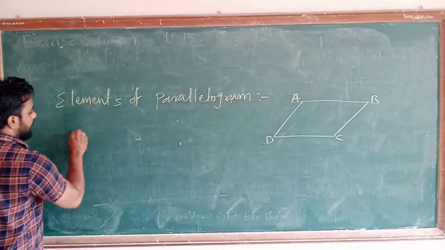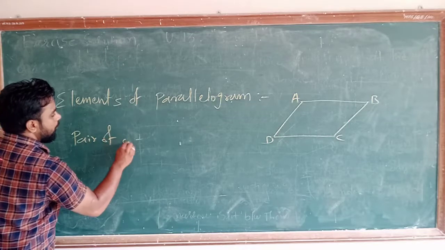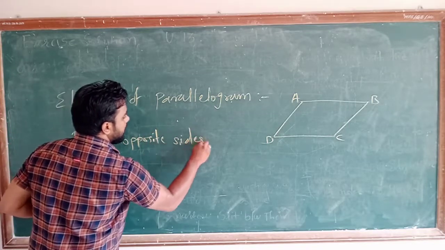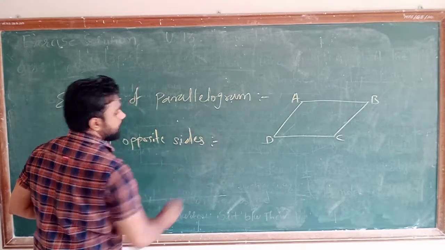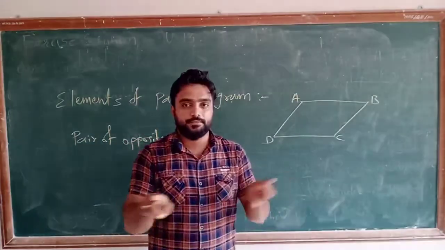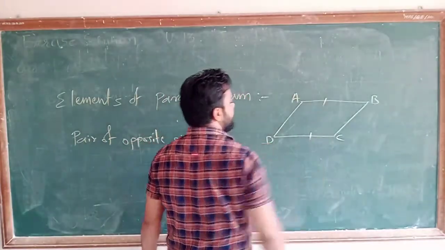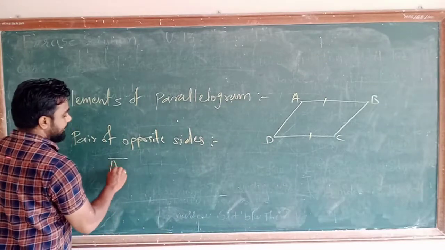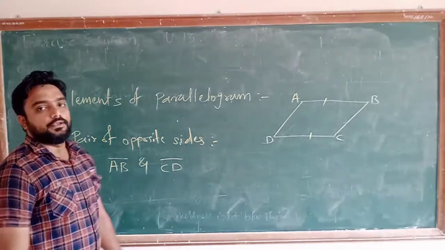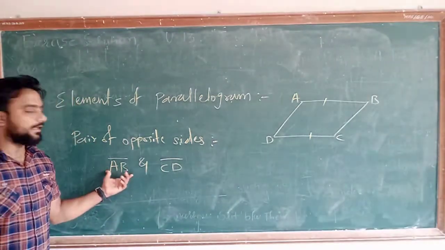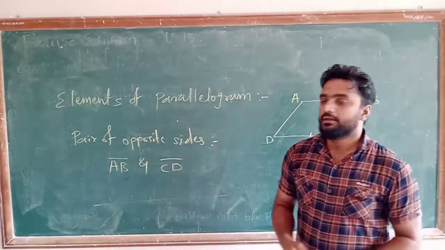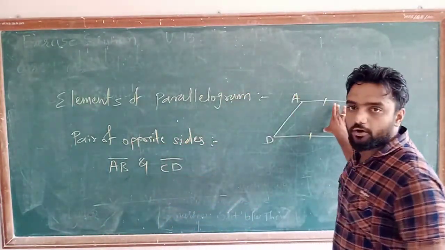So pair of opposite sides. Which are the pair of opposite sides, means कौन सी side दूसरी side के सामने है. Let us see this side and this side, that means side AB and side CD. So those two sides, side AB and side CD, or you can say line segment AB and line segment CD, both are called a pair of opposite sides.